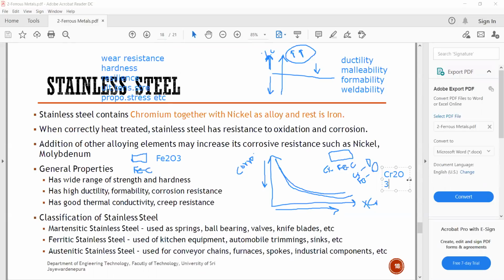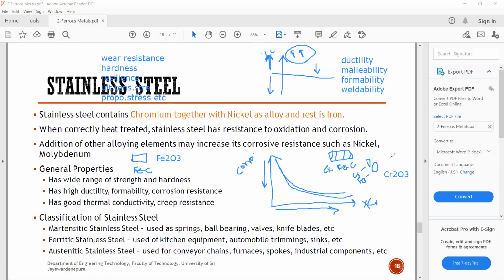That means it has a faster reaction, so it easily forms. Therefore, this chromium oxide becomes a cover or layer on the surface of this steel.